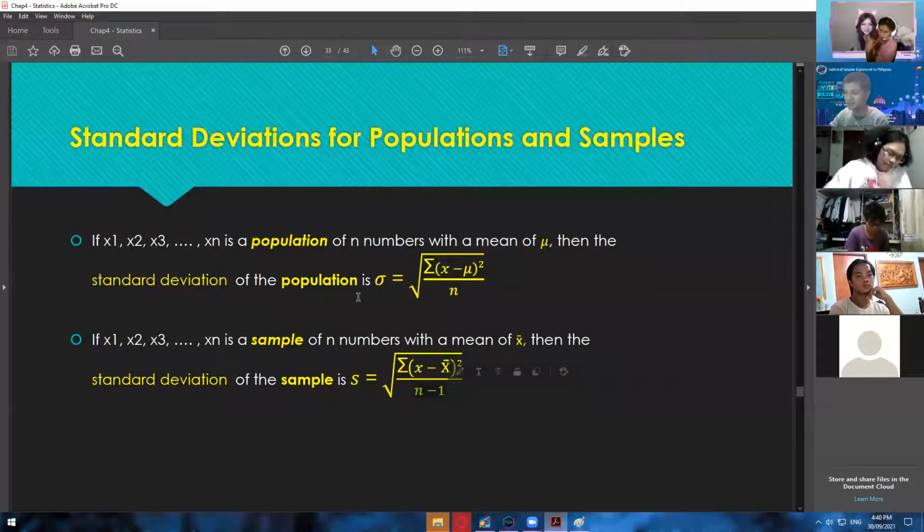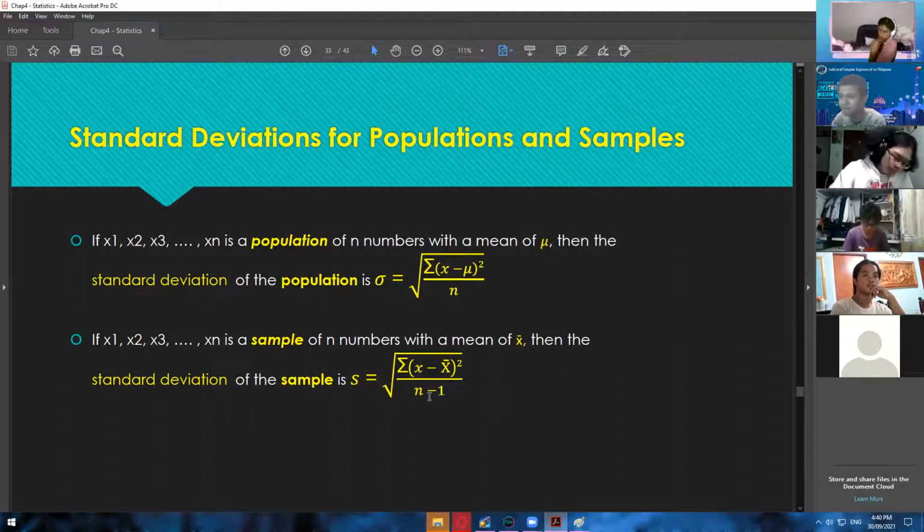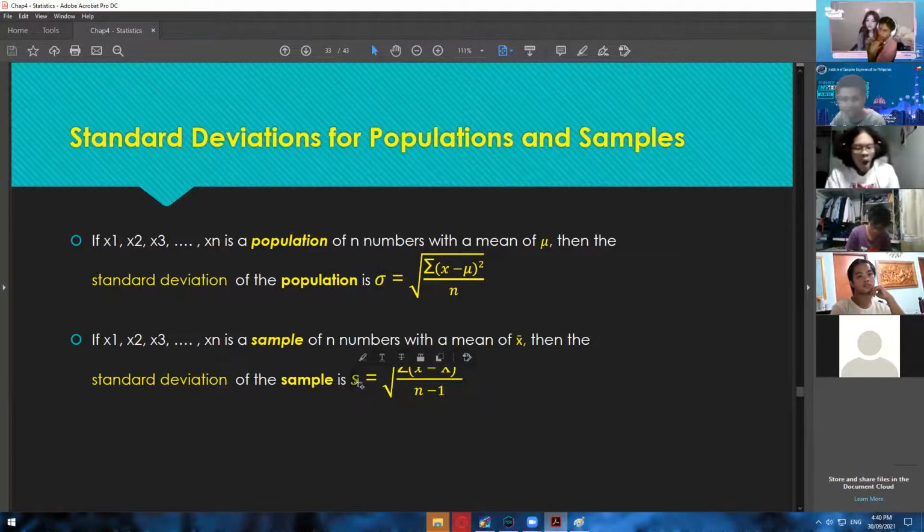So if it's population, just divide by the count of data that we have. But if it's a sample, divide by the count of data that we have minus one. And then the symbol for population is this one, and the symbol for sample is s.